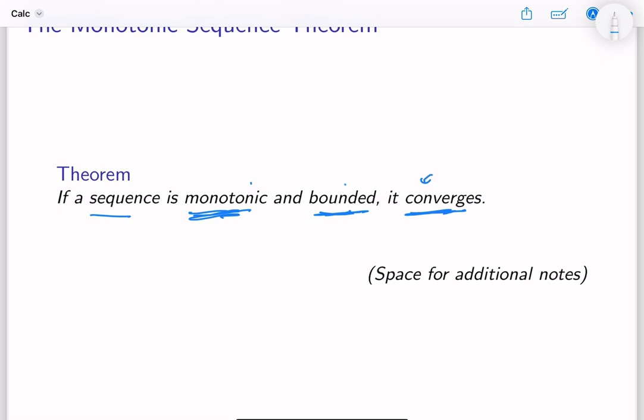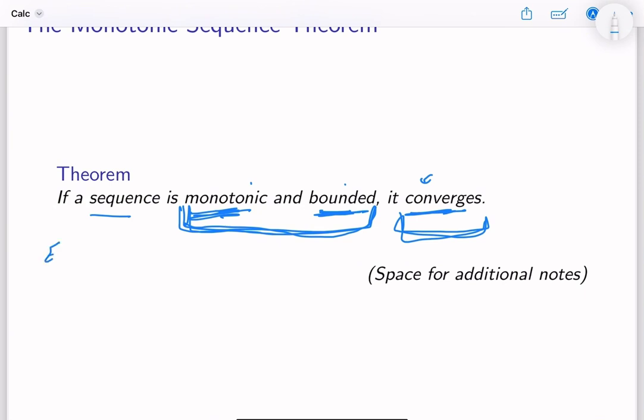And we're going to give an example where this is not the case. So what we're saying is, if this left-hand side happens, if this is true, then this is true, right? Please be careful. It's not the other way around. If the monotonicity and the boundedness happen, then convergence happens. So let's take a few examples of this, and then we're going to give a non-example of the converse.